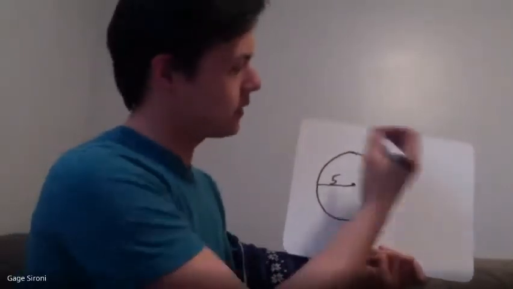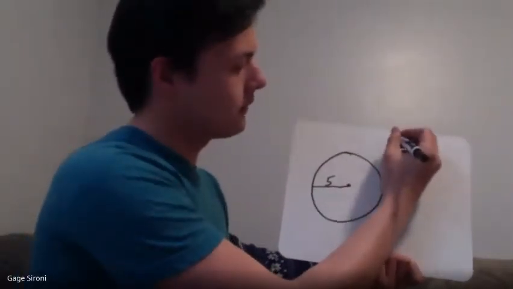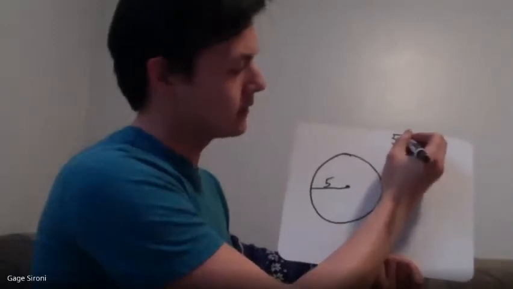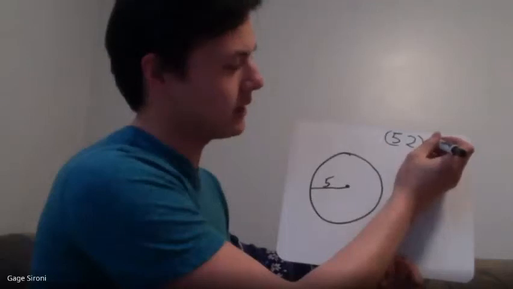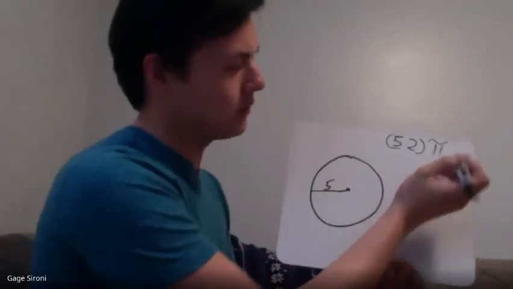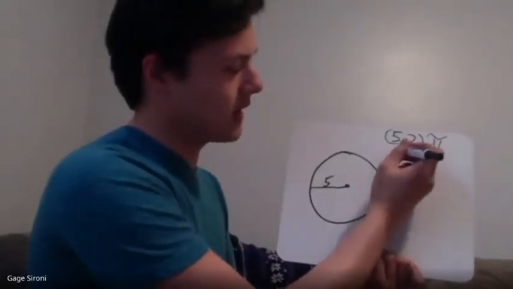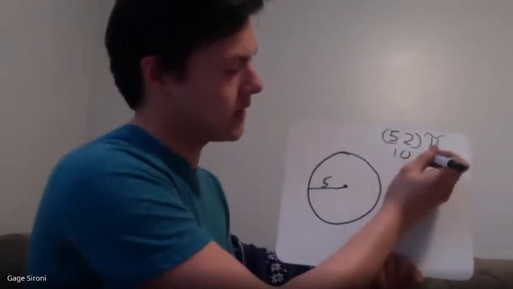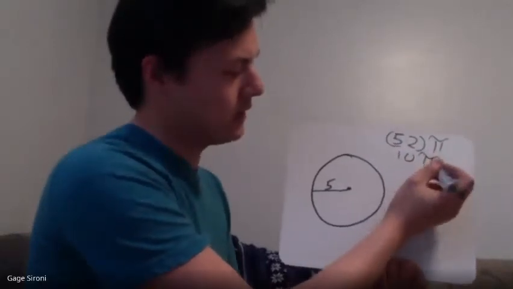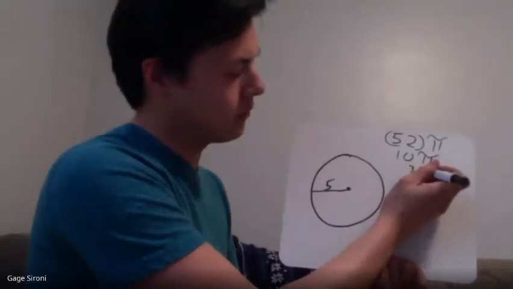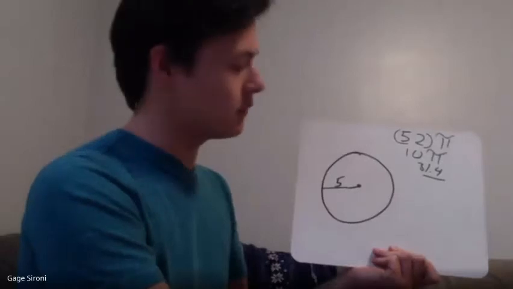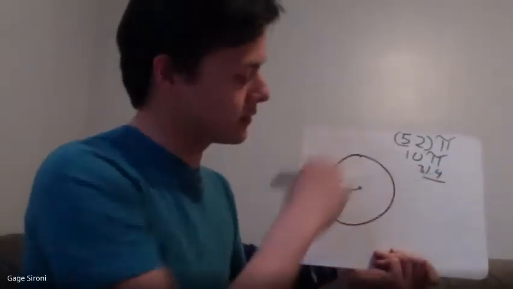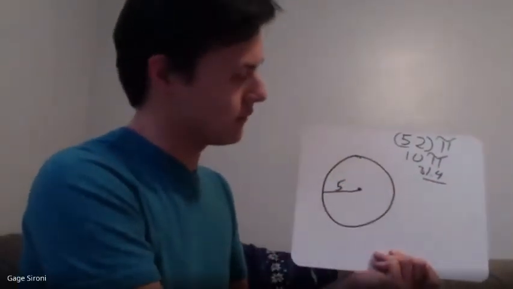If I want to figure out what the circumference is, I'm going to take 5 times 2 and multiply that by pi, or 3.14. 5 times 2 is 10. 10 times pi is 31.4. And that's, again, whatever units I want. So if that's in centimeters, it would be 31.4 centimeters all the way around if the radius was 5.